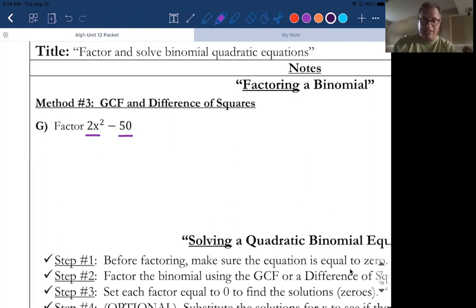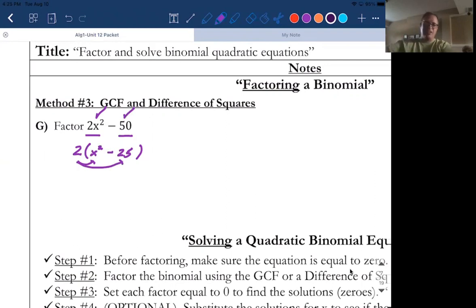They both don't have an x, but they both are divisible by 2. So I'm going to divide 2 into 2x squared and negative 50. So 2 times x squared gives me my 2x squared, and 2 times negative 25 gives me my negative 50.